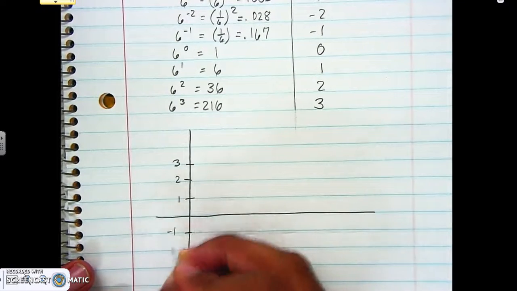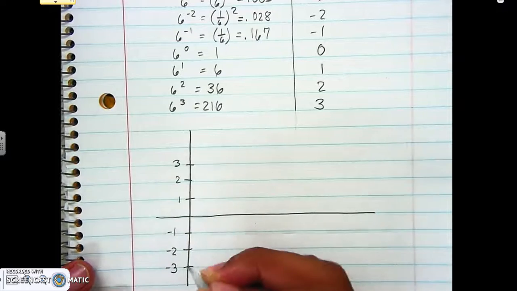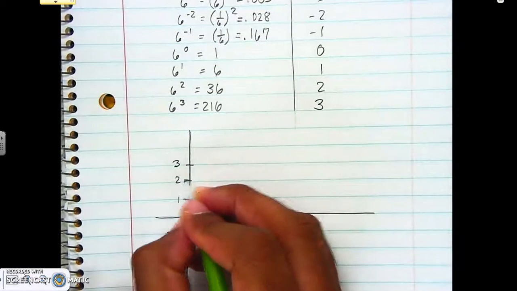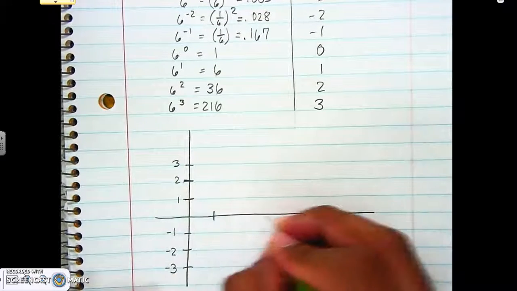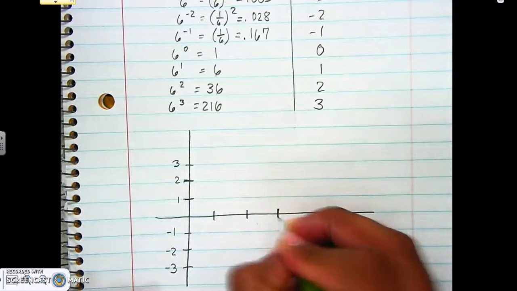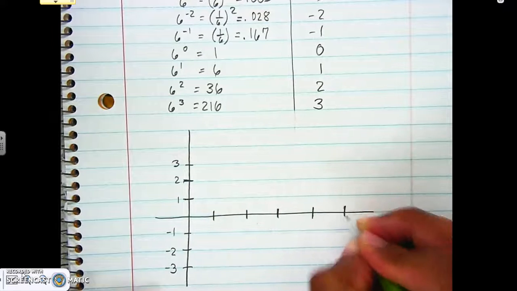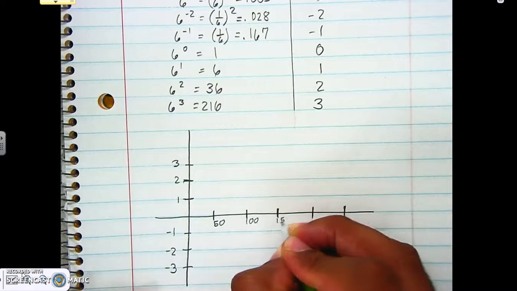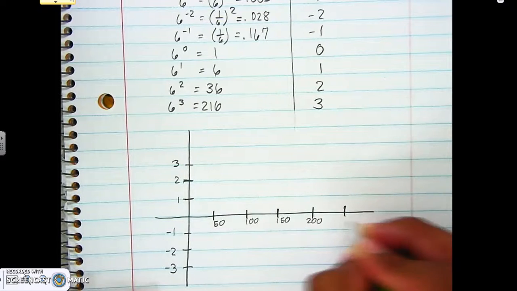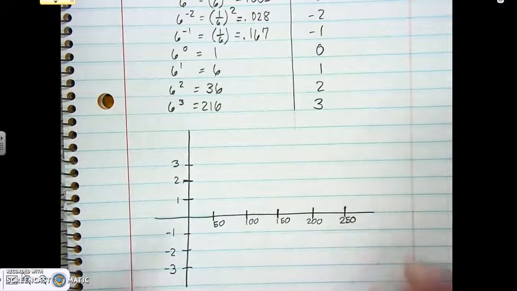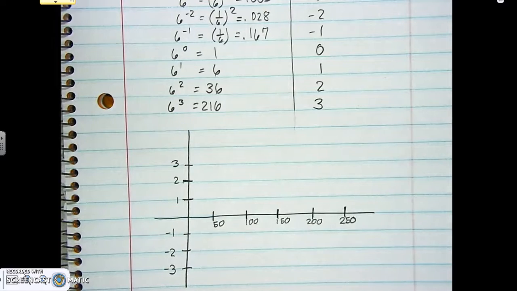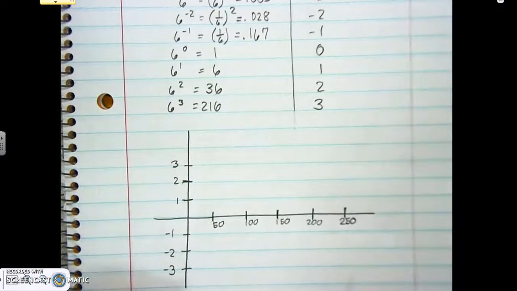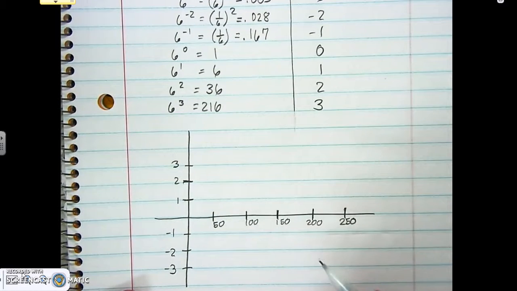We have -1, -2, -3. And again, I'm going to go by 50s. It's up to you again, whatever you want to go by, and it will be okay. Alright, so let's go ahead and plot these points out.